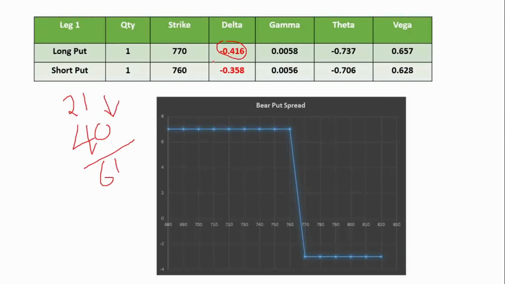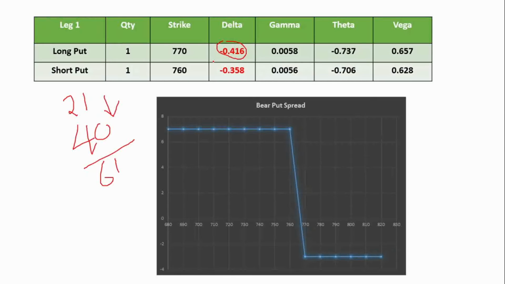What is vega? Vega captures the changes in premium by volatility. If 1% of volatility increases, 0.65 will be added to the option premium. For example, if 10% of volatility increases, and it will not happen suddenly, but for the sake of the example, minimum 6 rupees 50 paise will be added to the premium.